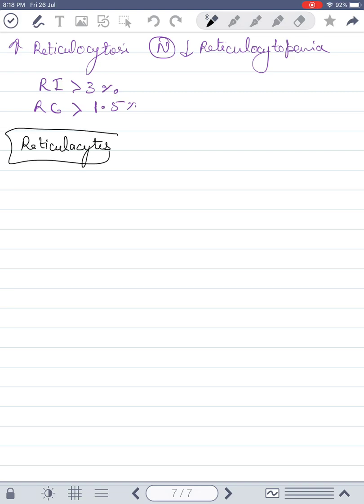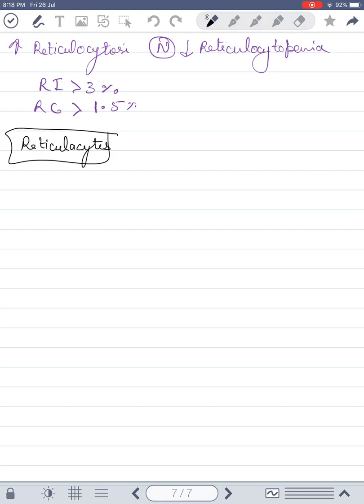In reticulocytosis, the reticulocyte index is more than 3% and the reticulocyte count is more than 1.5%. Now when will it be seen? Basically the number of reticulocytes, the premature cell just a stage before the erythrocytes, has to increase, that is, the activity of bone marrow has to increase.